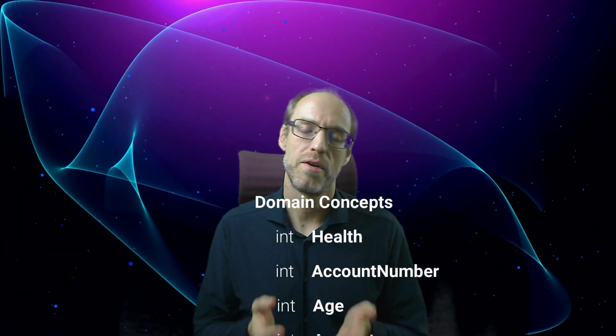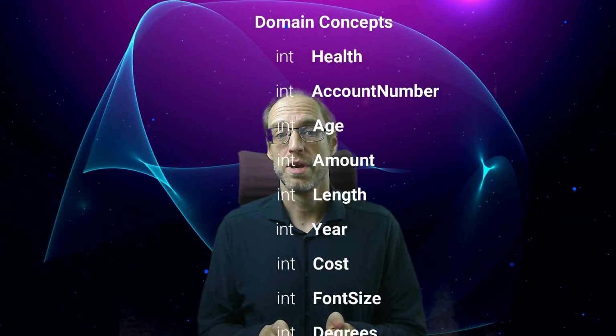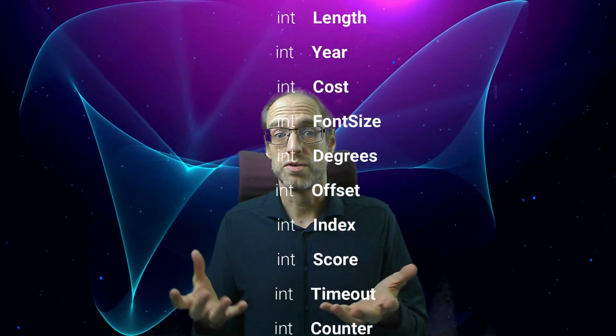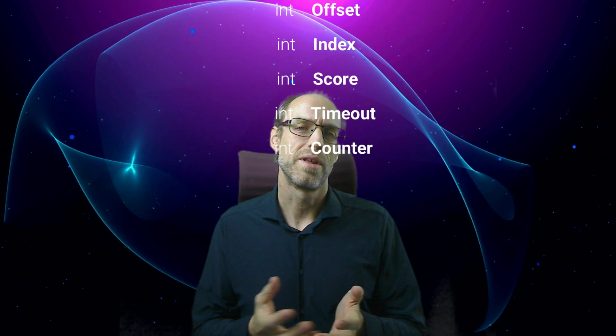Whenever you see a primitive type, give it some consideration. It's your decision whether to upgrade it to a proper domain concept. Here's a quick list to demonstrate how much more clarity you can gain by that approach when you simply compare different integer usages. I hope you agree that the right-hand side gives a much clearer picture.